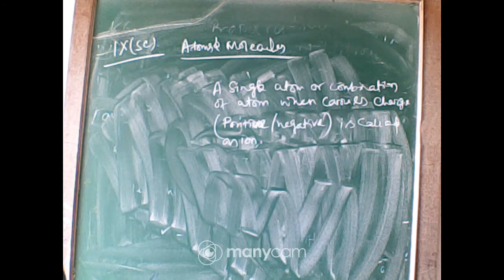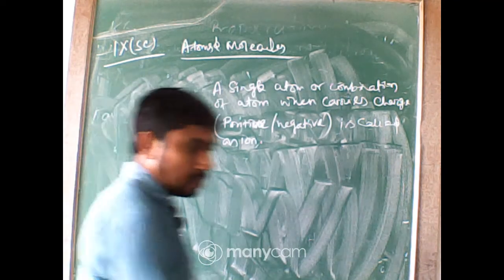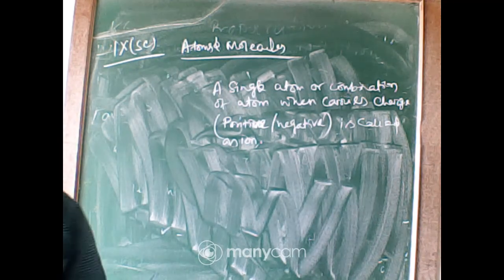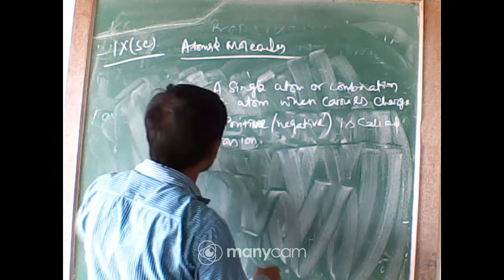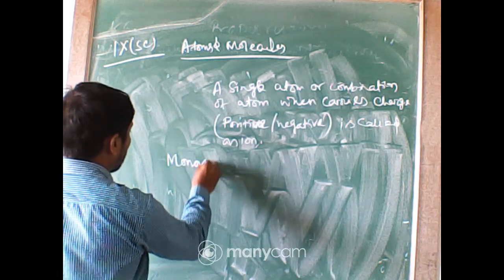Now, you will write it in your copy. First of all, make a chart like that, making a column. It is monovalent. Okay.